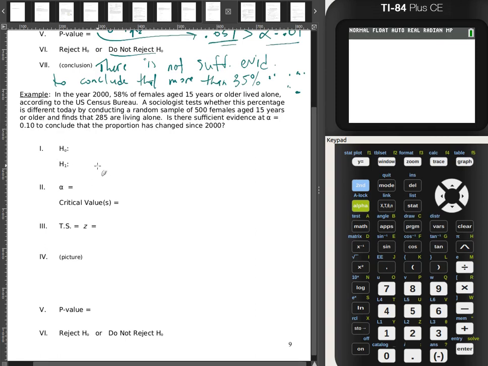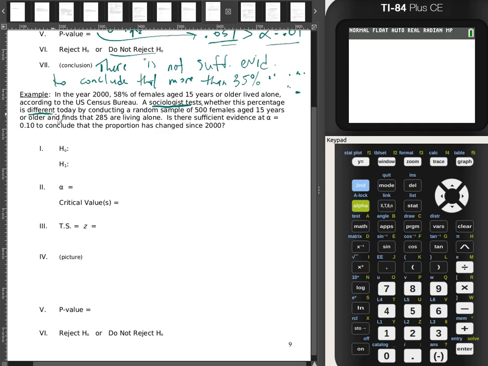So what we're doing is using a previous number, which is familiar from when we were talking about sample sizes: you could use a previous survey in order to get your point estimate. In this case, this sociologist is testing whether this percentage is different today.